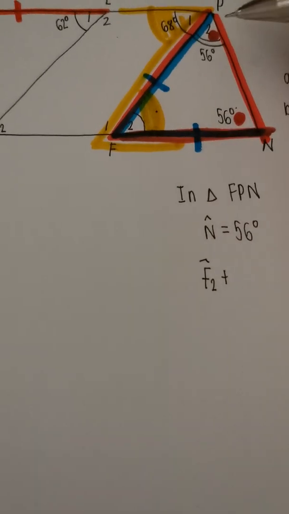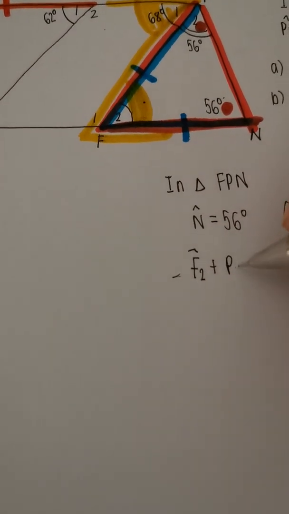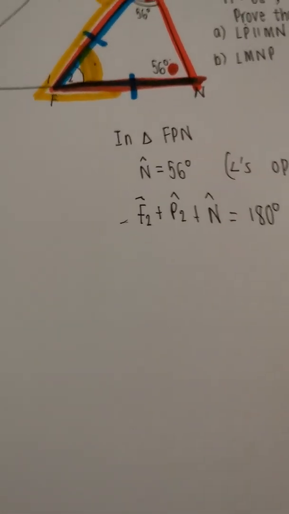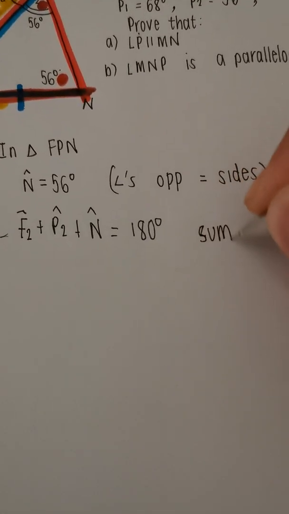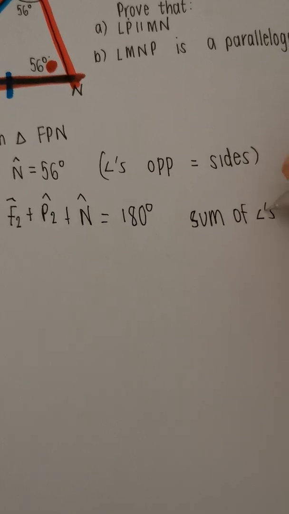F2 plus P2 plus N must equal 180. And the reason for this is the angle sum of a triangle, or interior, you could have also said.